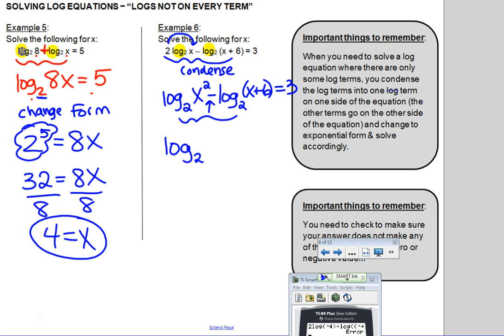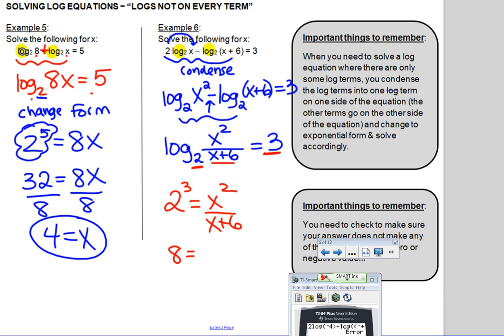You keep the log base 2, and then you divide the 2 parts. You cannot drop the log now because there's not another log on this side to drop. So we're going to change forms. 2 is the base, 3 is the power to that base, and this is the outcome. Okay, at this point, 2 to the 3rd power, I can actually evaluate. That's an 8.